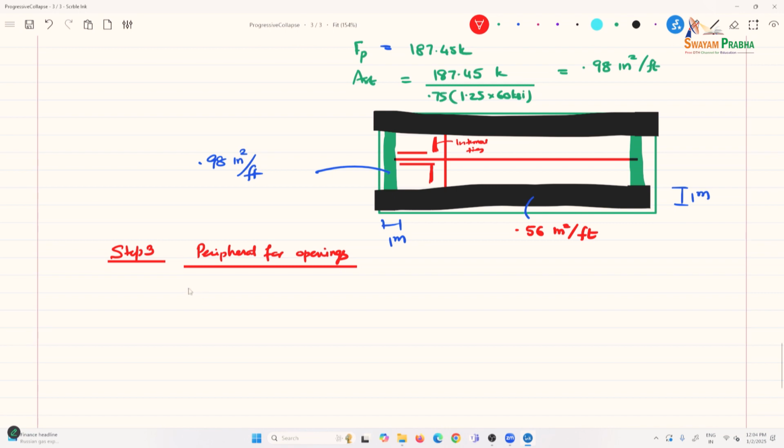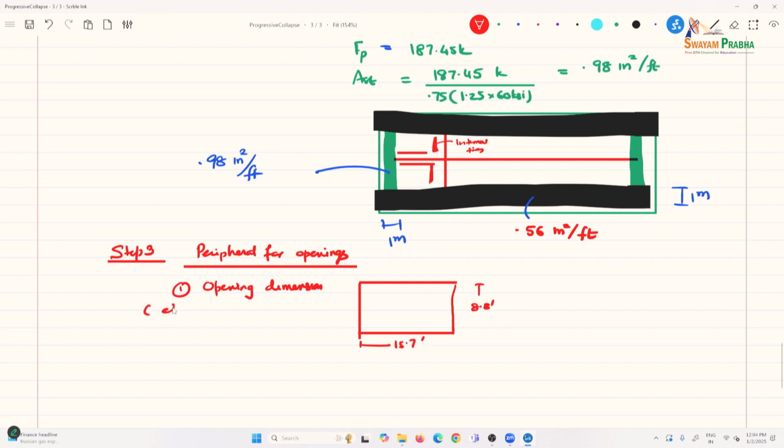So, the first opening dimension is given here for the stairwell. This is the smaller opening, 8.8 feet and 15.7 feet.